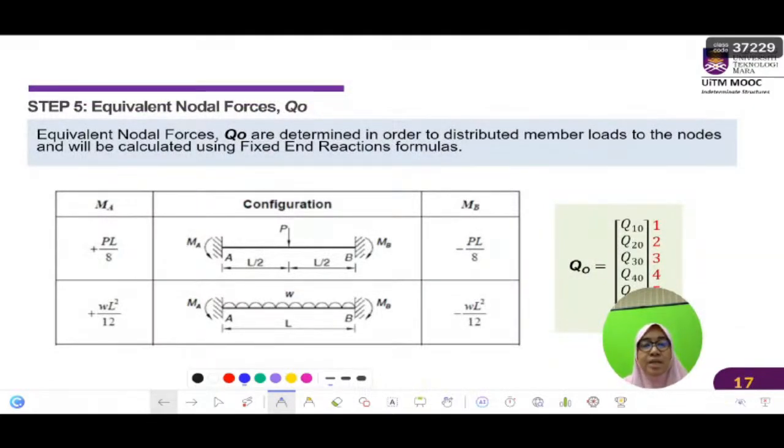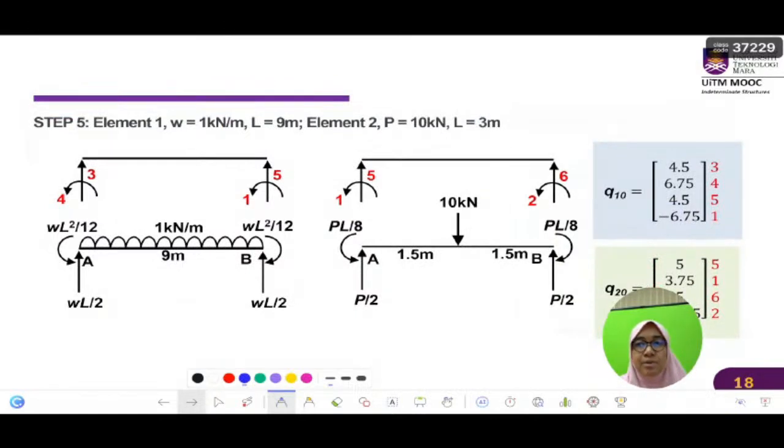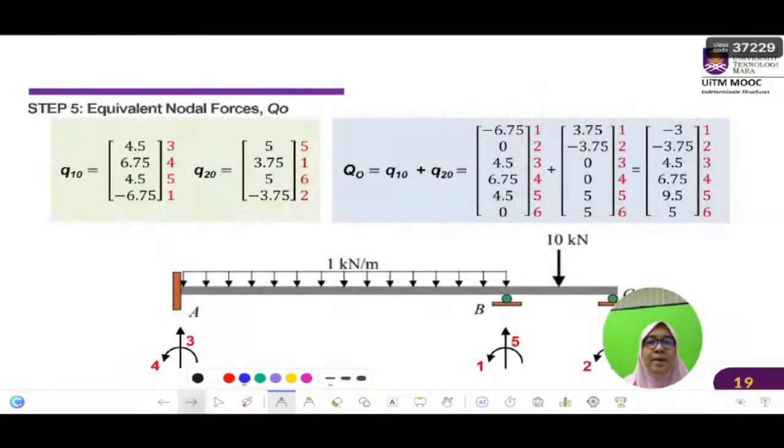We calculate using the fixed end moment formula, and then we get this. Again we refer back to the labels that we made for K1 and K2 to label the Q nodes. We total all of this and we get the equivalent nodal forces, six values, Q naught.